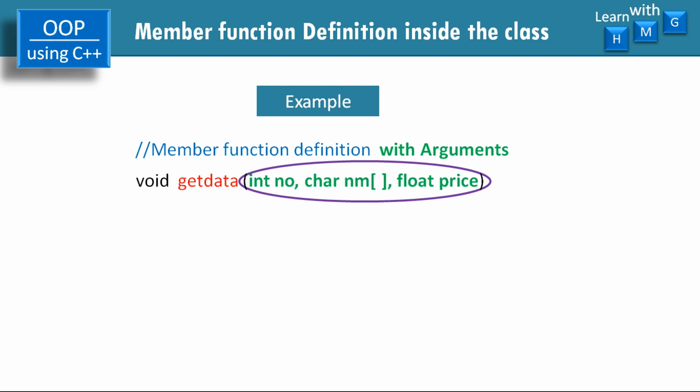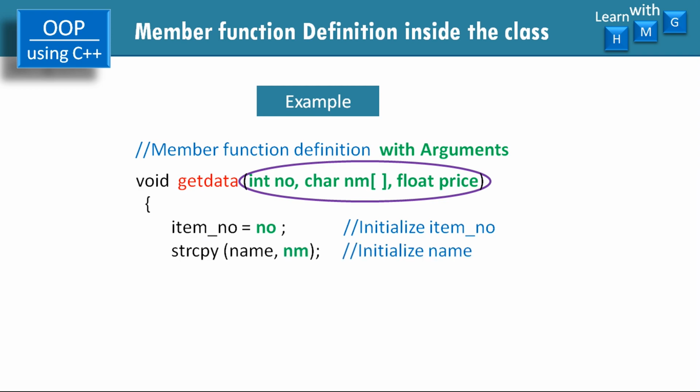These are formal arguments, because in the definition these arguments do not represent any value, they are formally declared. Now let us use these three arguments to initialize item number, name, and price.